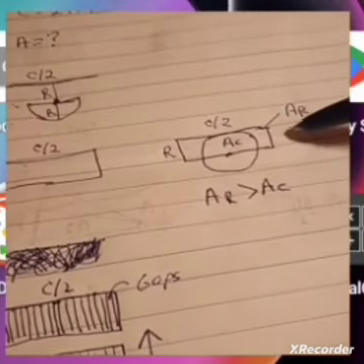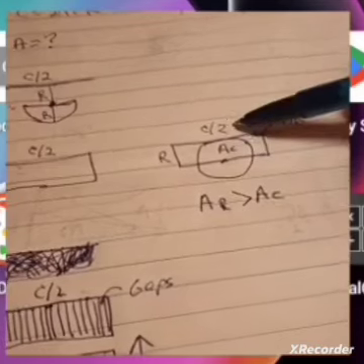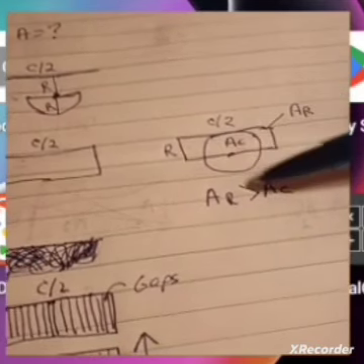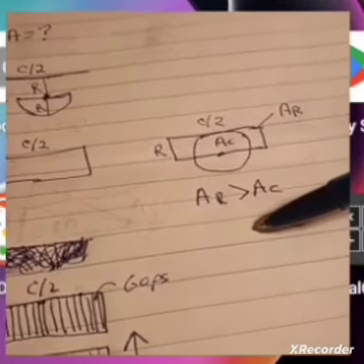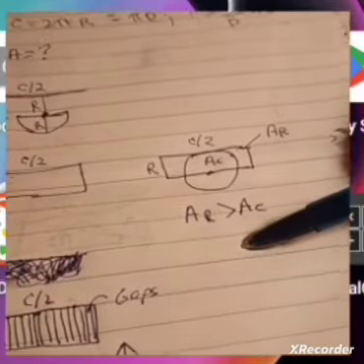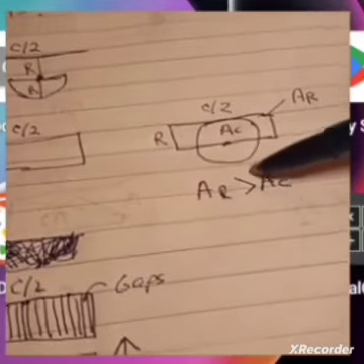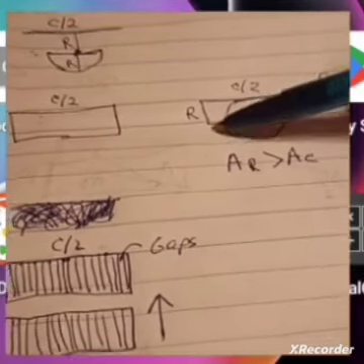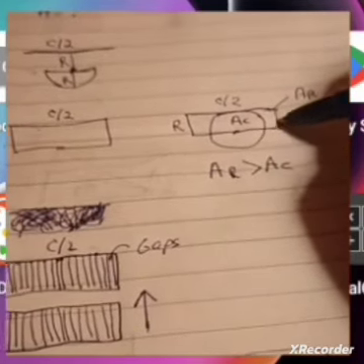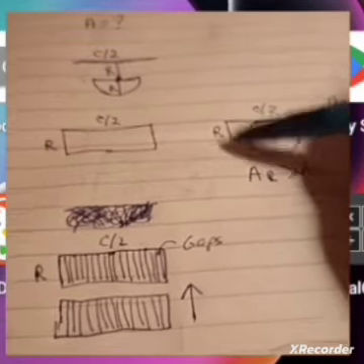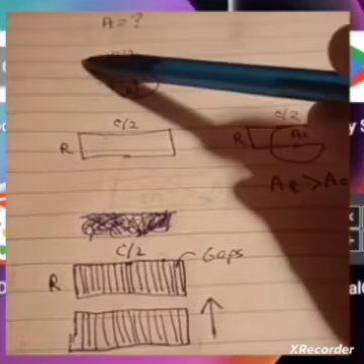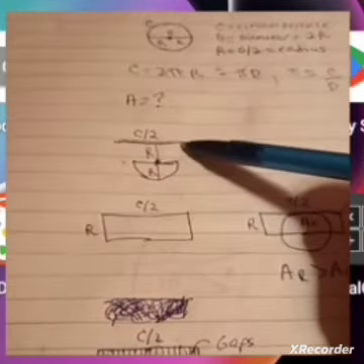So you can't use half the circumference times r as is, because if you did that for the bottom area too, you would be way more than the area of the circle.